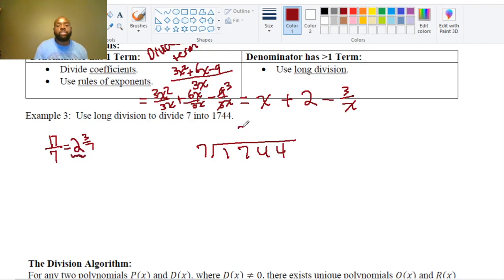So I'm going to put 2 on the top of my division. Then I have to multiply the 7 times the 2, which is 14, and I'm going to stack that right under that 17, right? So what we did first was a division, and then we did a multiplication.